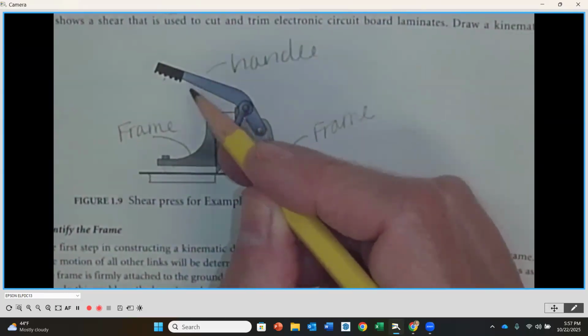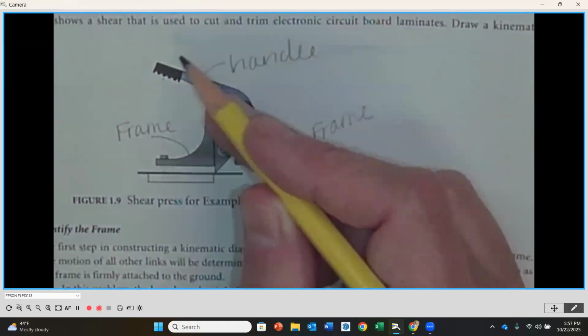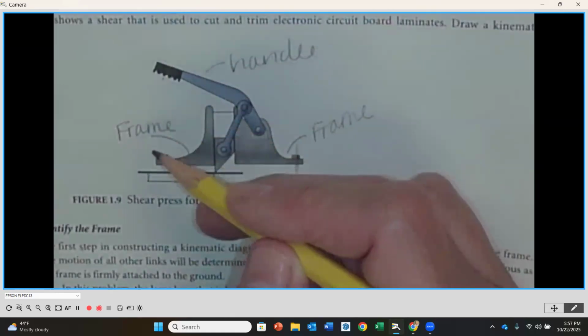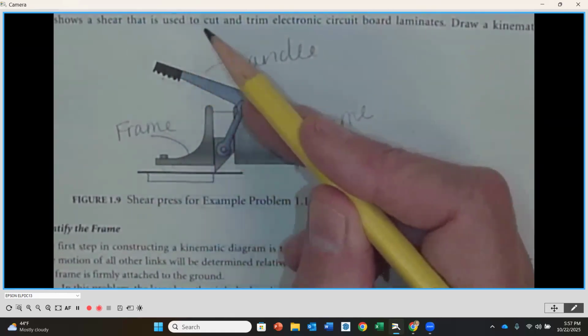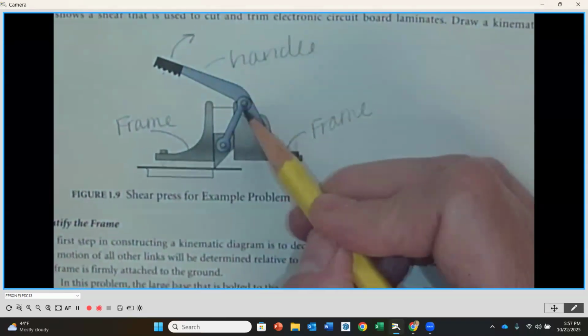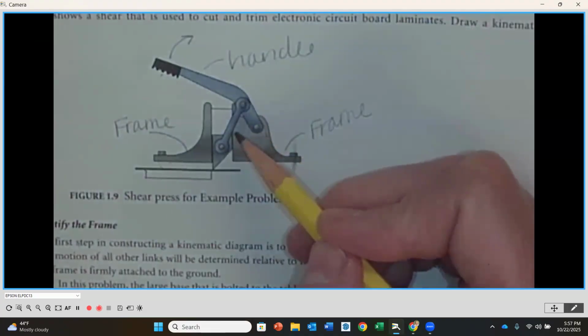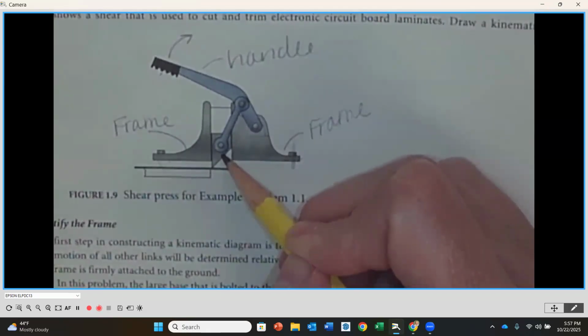Now, as you can see, because it's pivoting around that point, I can actuate this handle, clockwise or counterclockwise. Now, tell me, as I move this clockwise, in this direction, this has what we call a connecting rod to that blade or shear that is cutting the electrical circuit board laminates.